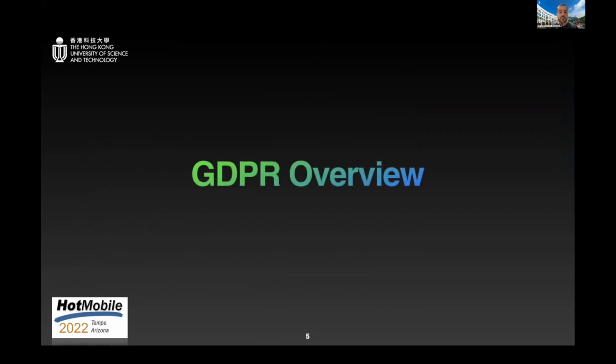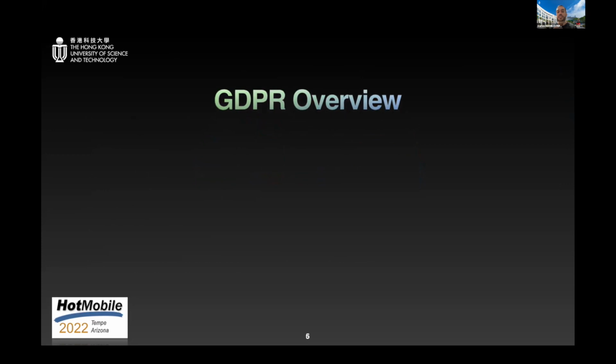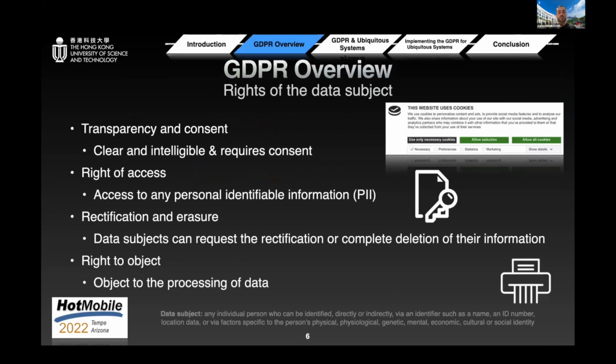As I mentioned, we will have a brief overview of the GDPR, and we can divide it into two main pillars. One is the rights of the data subjects, and the other is the obligations of data collectors and data processors. The first one, the rights, I can highlight like this. Basically, transparency and consent: users, the data subjects, should be clearly informed.